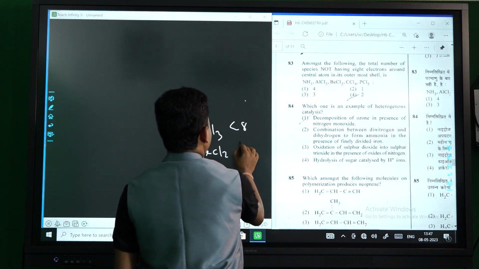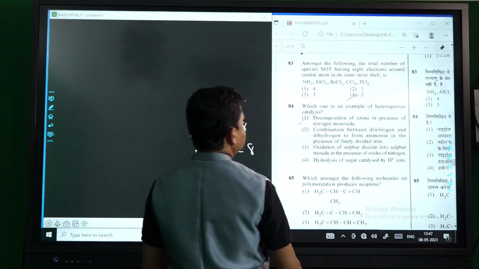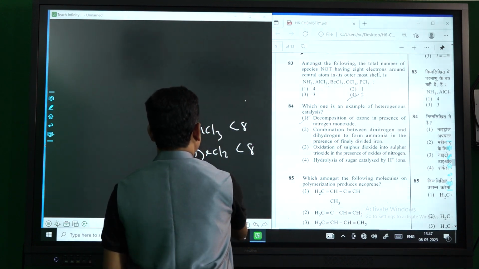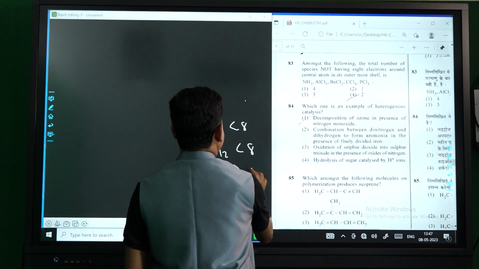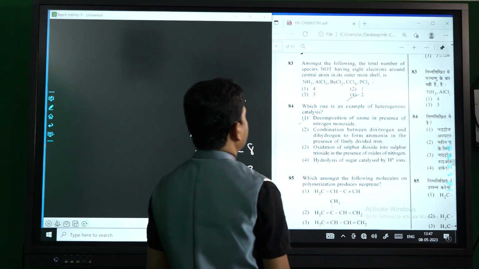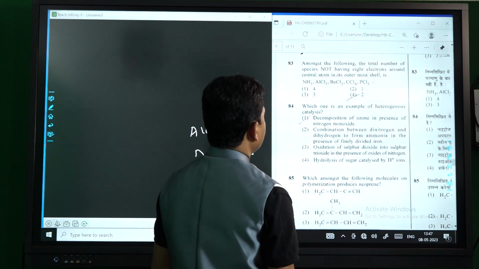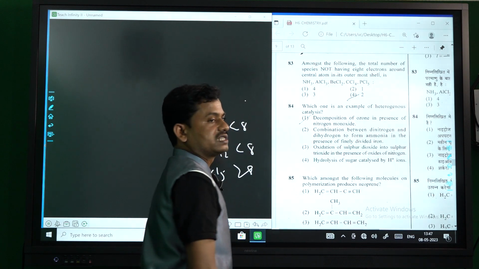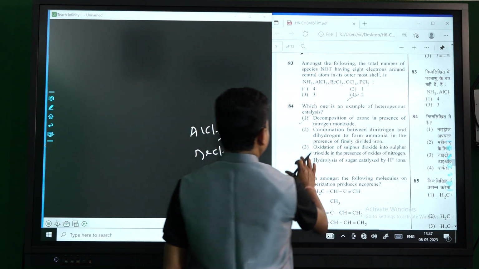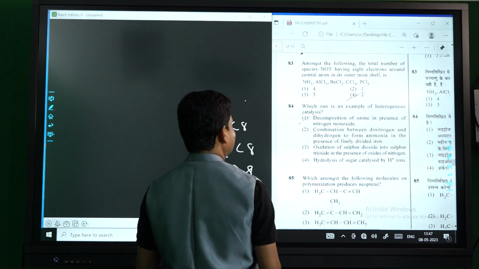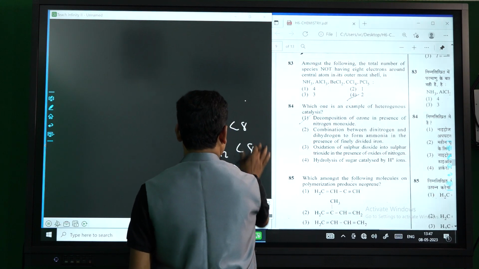BeCl2, beryllium dichloride, less than 8 electrons. CCl4, no. PCl5, greater than 8 electrons. So 1, 2, 3. So 3 is the answer and option 3 is correct. Very interesting.